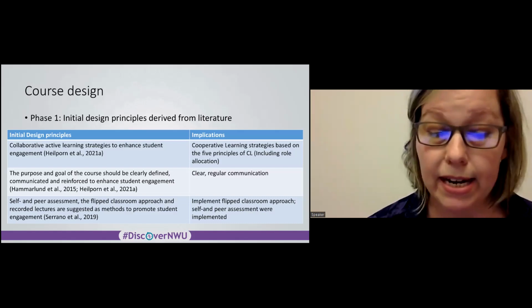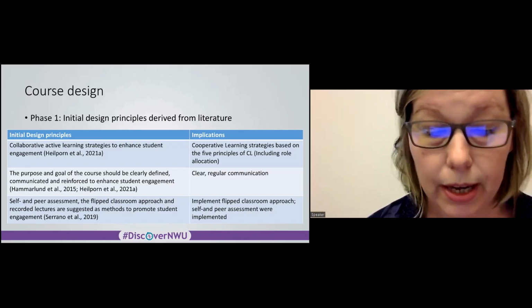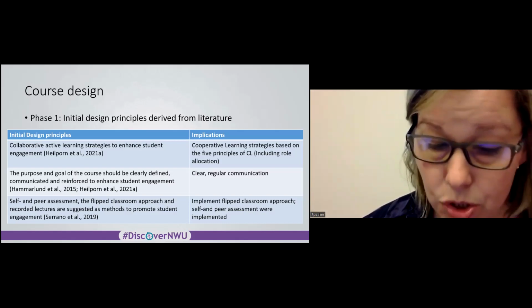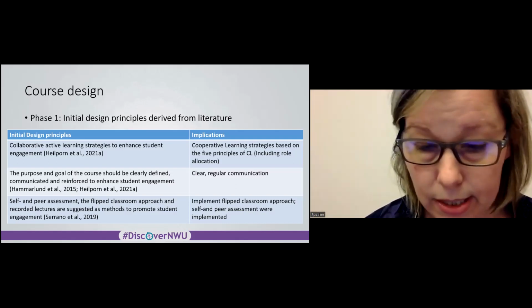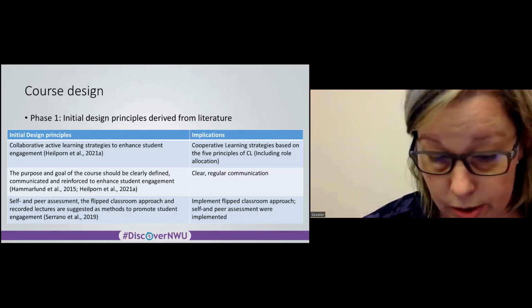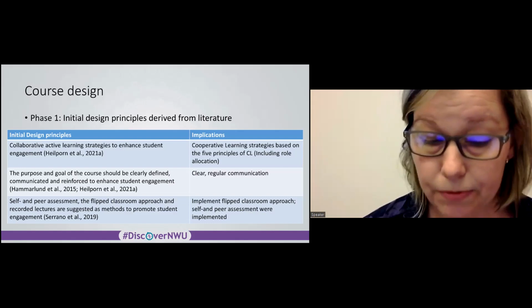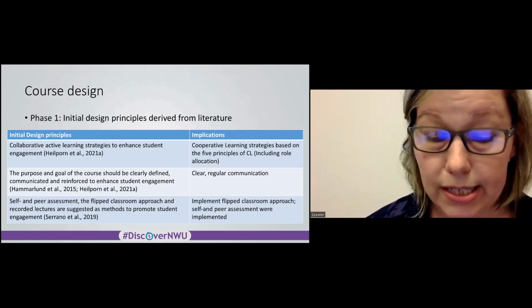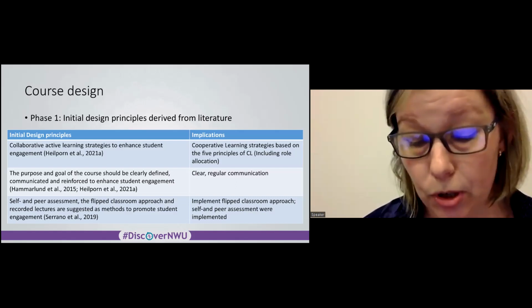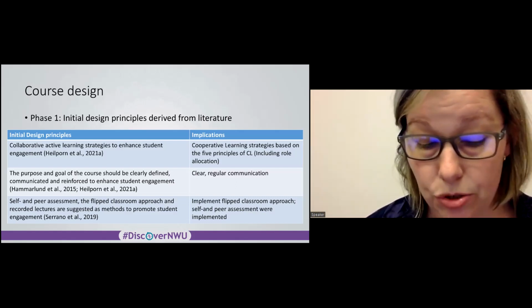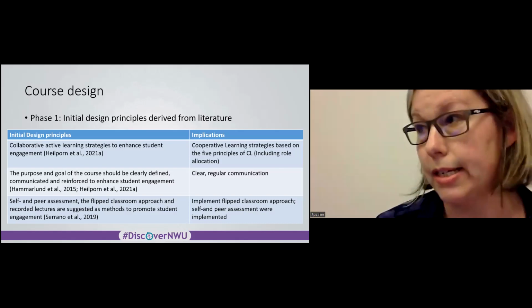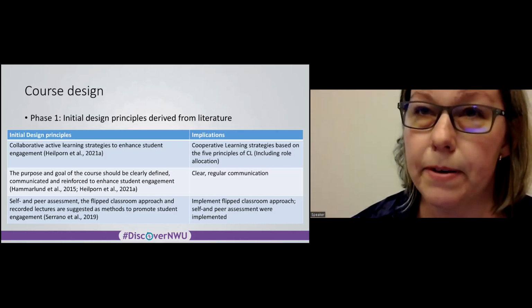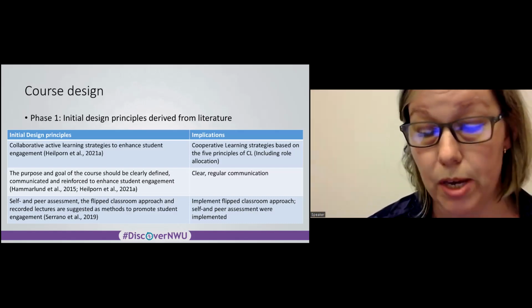The 3 main initial design principles were: first, collaborative active learning strategies were to be incorporated. The second was that the purpose and goal of the course should be clearly defined, communicated, and reinforced to enhance student engagement. And thirdly, self and peer assessment, the flipped classroom approach, and recorded lectures are suggested as methods to promote student engagement. So these are the pointers from literature that we used.